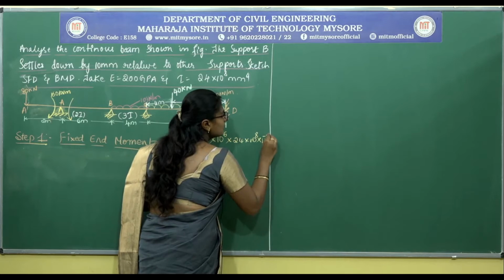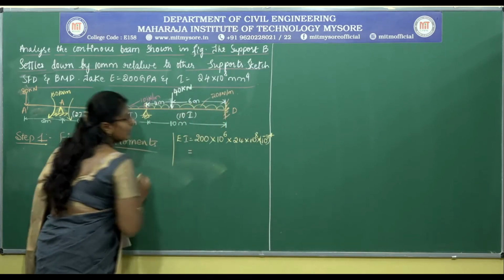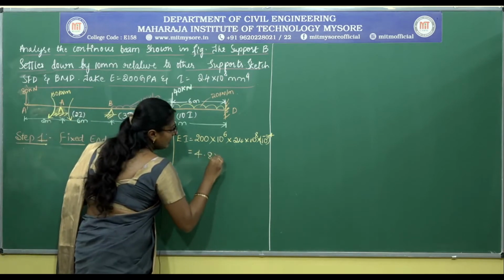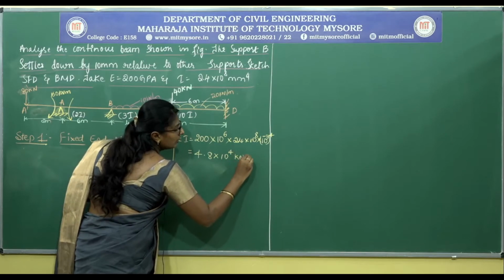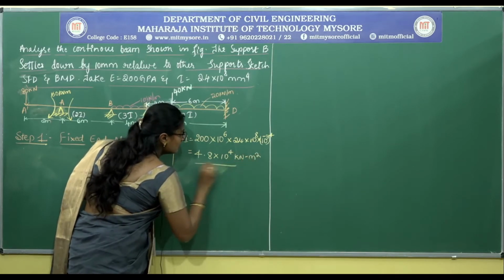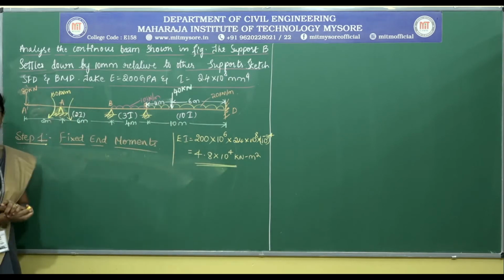Convert this to meters, 10 power minus 3 to the power 4. So what is the value here? 4.8 into 10 power 4 kilonewton meter square. So this is the value of EI which is to be considered for our calculation.